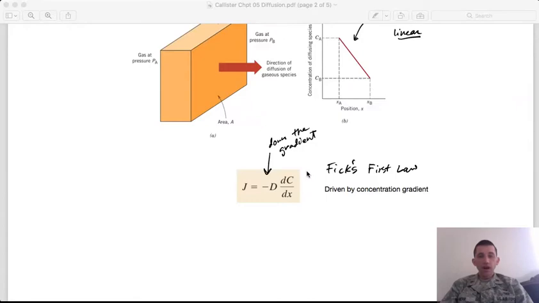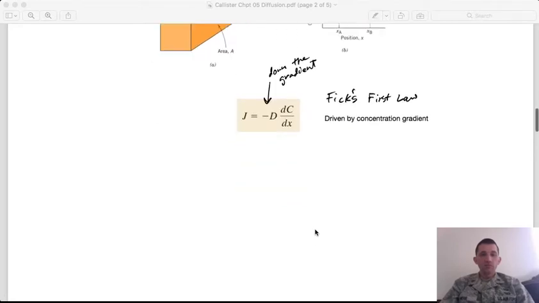So if I have a higher concentration on one side, I'm going to drive more diffusion across that barrier, and also this D constant, which we call the diffusivity, describes how easily the species that we are considering are diffusing through that diffusion barrier.